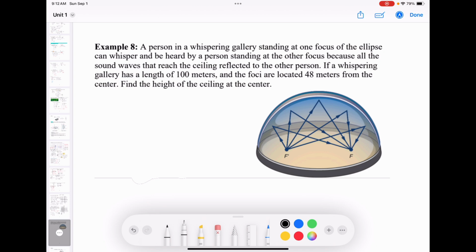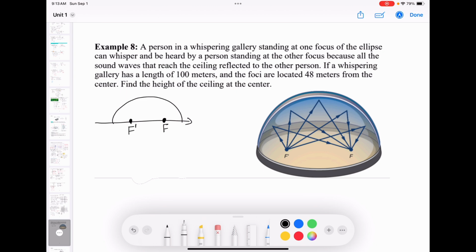Okay, we can make the question simple. Can you graph the half of the ellipse? So for example, the half of the ellipse is like this. And if you stand at the focus here and another focus here, one focus we can say F prime, and you just whisper here, the person at the other focus can hear you clearly.